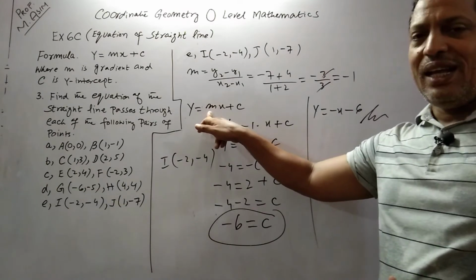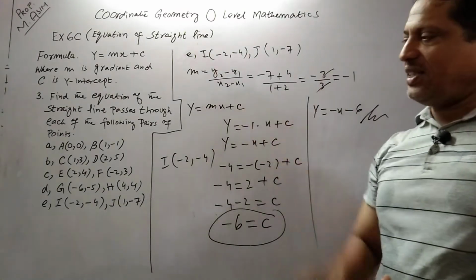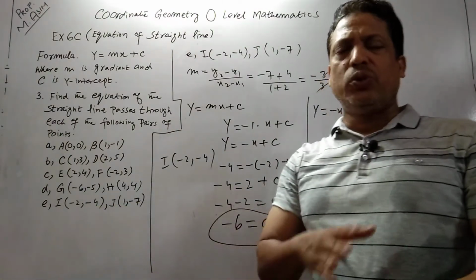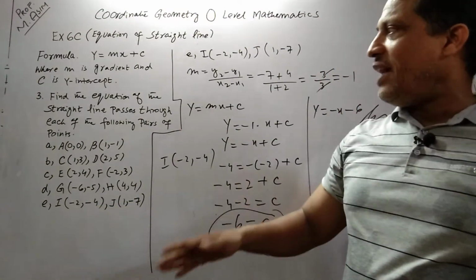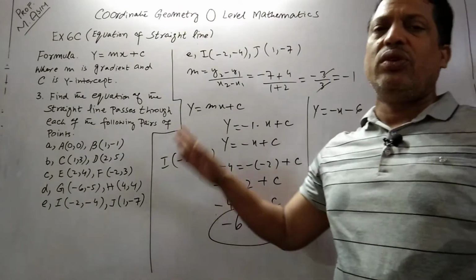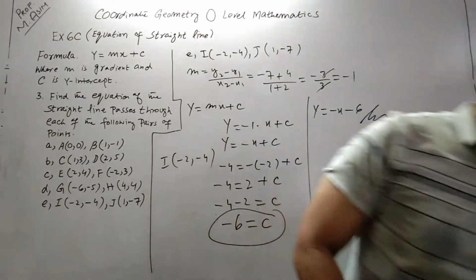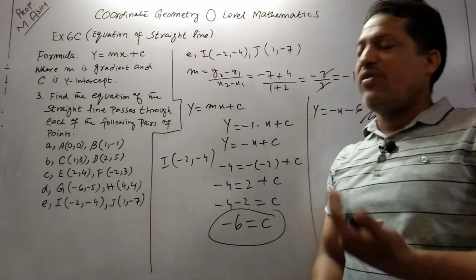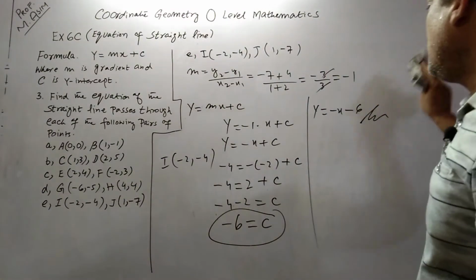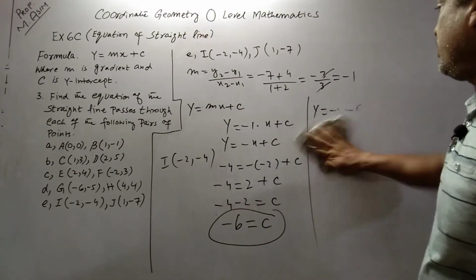One is gradient and the other is y-intercept. Student, after part E there are 2 to 3 parts still left in question number 3, but I think you can easily do all remaining parts. So kindly do all remaining parts, and if you feel any difficulty, write in the comment box. I will help you. See another question.